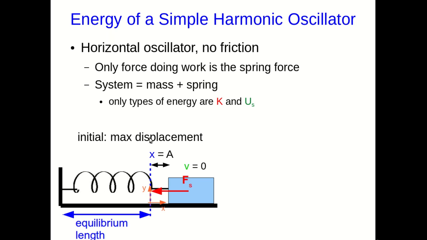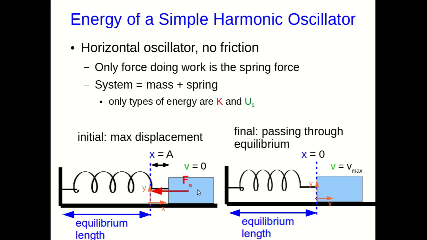If we take this as one instant where we know a lot, we know that the position is the amplitude, and we know that at this moment the mass is stationary. And then another instant where we know a lot is as it's passing through equilibrium. There, the position is 0, and the v is whatever the maximum is.